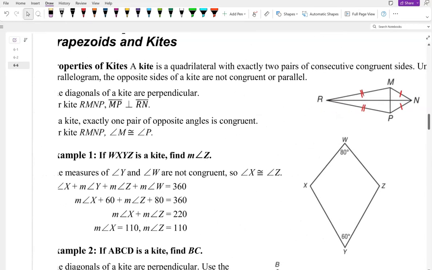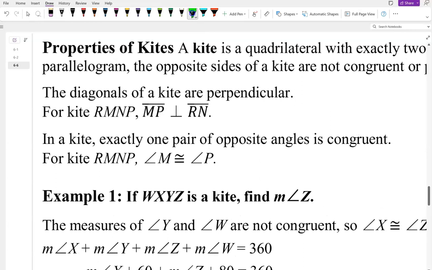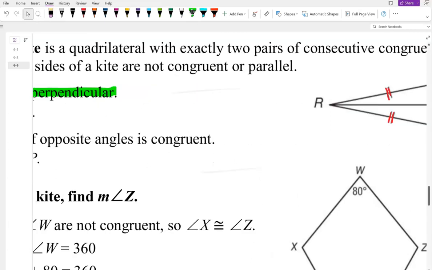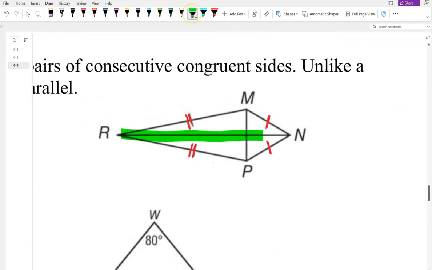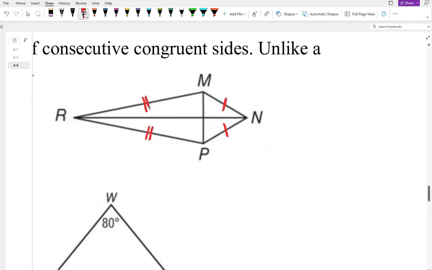The other two things you need to know are written right here. On a kite, the diagonals are perpendicular. So what does that mean? Just to be clear what the diagonals are, that is these two lines. If they're perpendicular, that just means when they cross each other, they make a 90-degree angle, which technically means all of these angles are 90-degree angles, right?